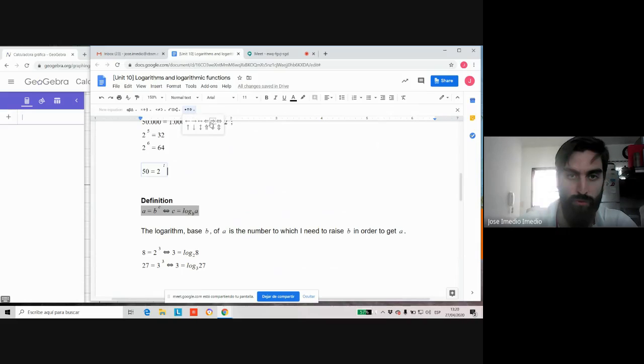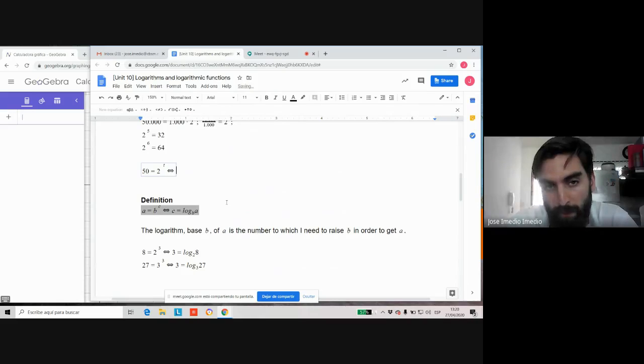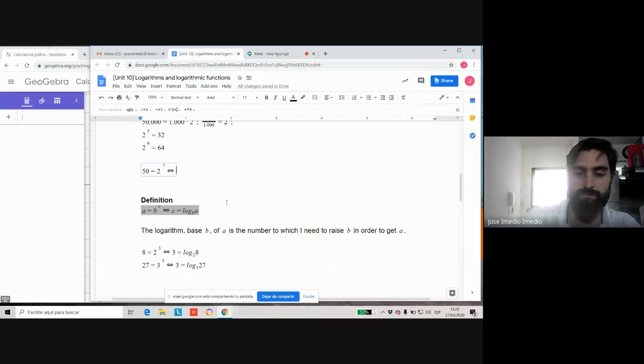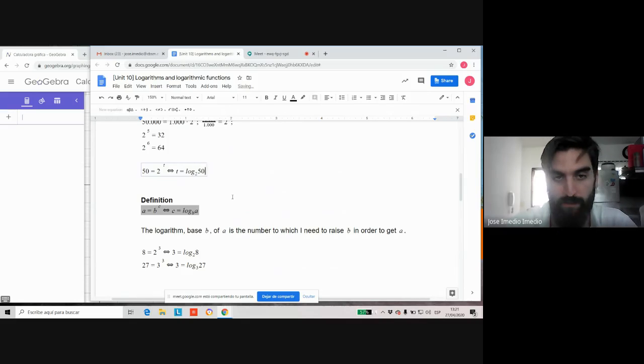So this implies that t equals the logarithm base 2 of 50. Okay, I need to find this t, the exponent I need for this 2 in order to get 50. Of course, it's not going to be a whole number, it's going to be a decimal number.